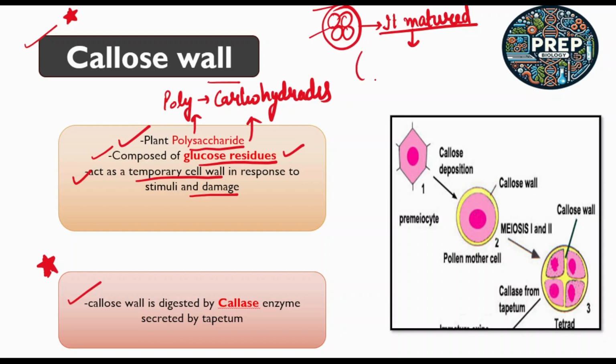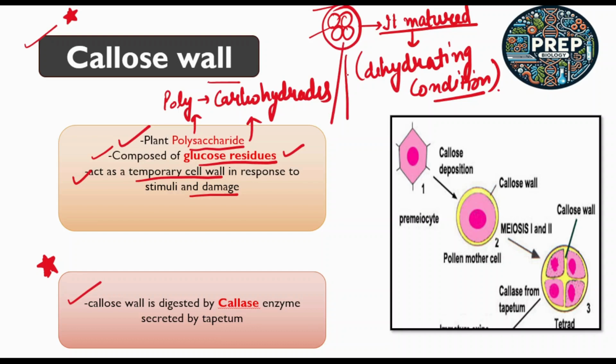In which condition? Dehydrating condition, or any environmental adverse condition, it gets matured and they will form 4 microspores separately.